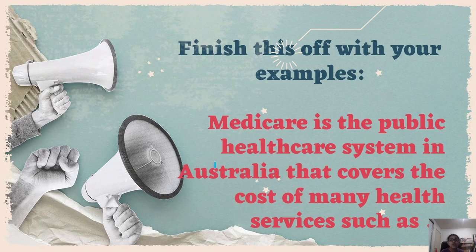And so Medicare is a public health system in Australia that covers the cost of many health services. It covers things like hospital visits and stays. It covers bulk billing from your GPs. It also can cover some ancillary benefits, like it covers dental in little kids until a certain age. Just trying to think, what else does it cover?